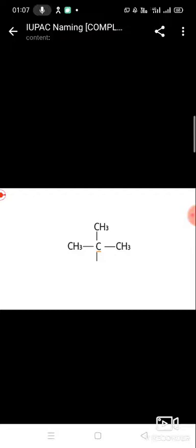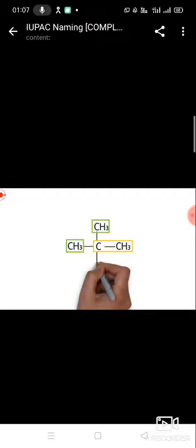Around this carbon, all the 3 side carbon atoms are present. Then we have to consider any one as the main chain and 2 as substituent chains. So if you take ethyl as the main chain, it contains 2 methyl groups.